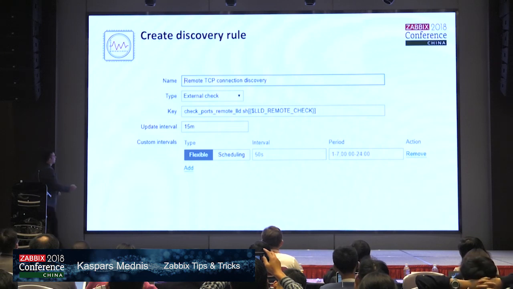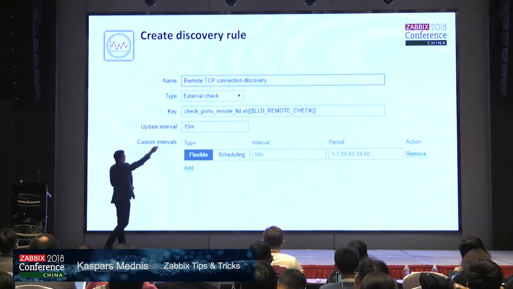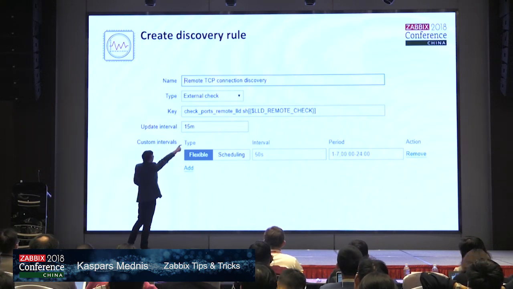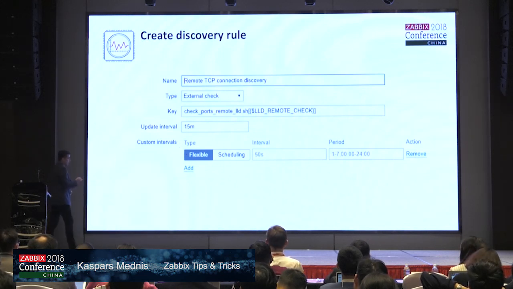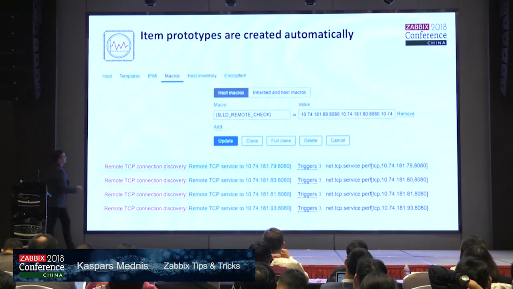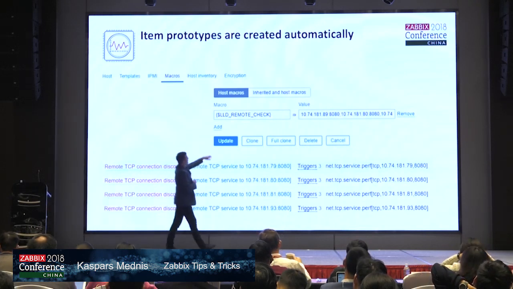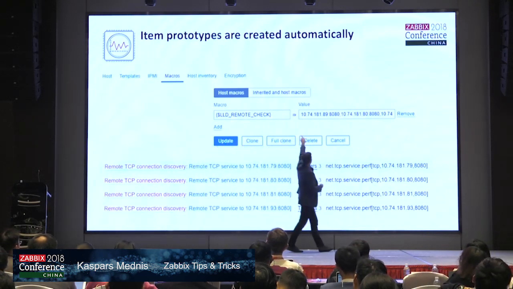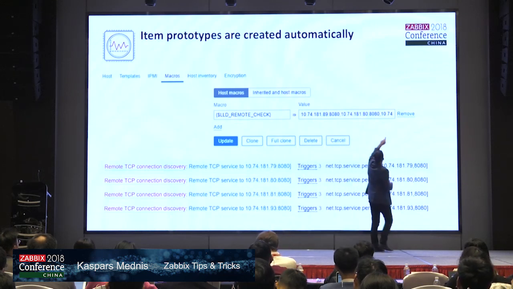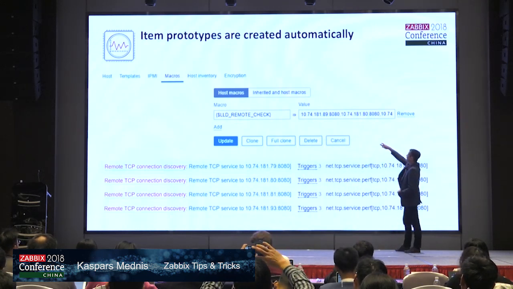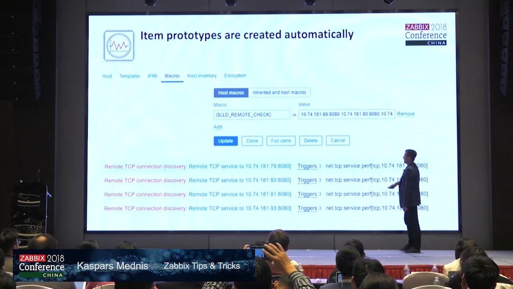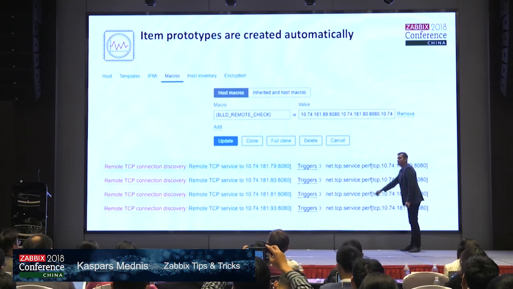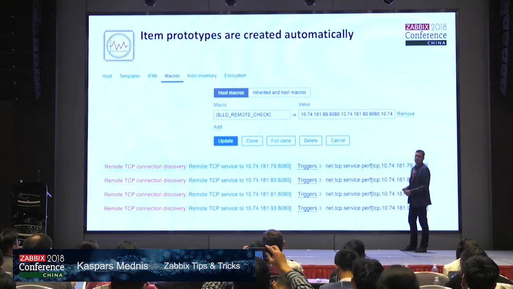So we call it with external check remote, and supply the LLD remote check macro. And this macro looks just like that. So here we have a macro, and we have IPs and ports. And for every IP address and port, by that bash script, JSON is generated, and Zabbix will create an item prototype.